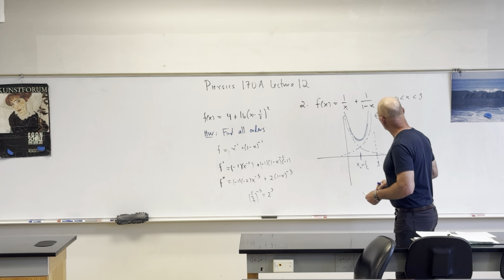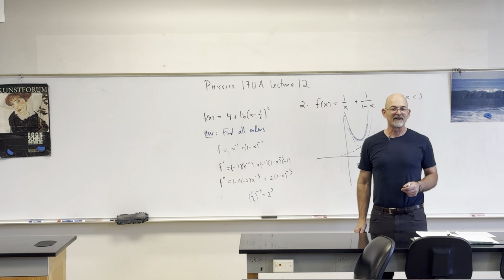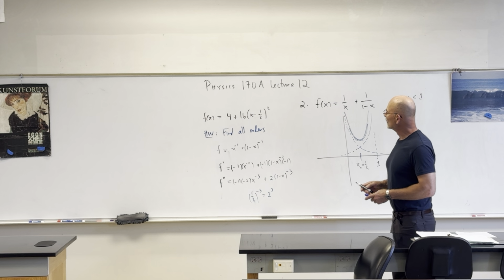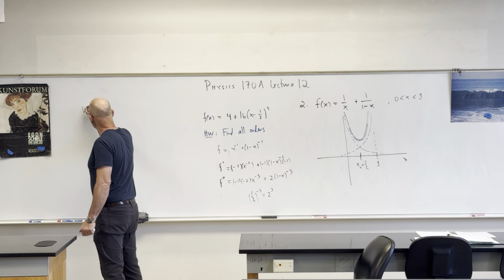And while we're at it, what kind of a physical thing could this be? Anybody think that far ahead? So in 105A, we are talking about things like u of x.